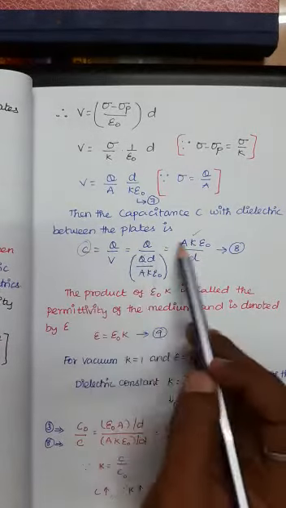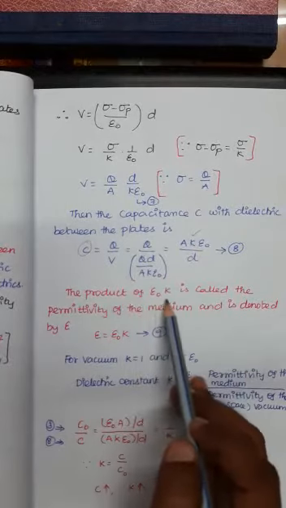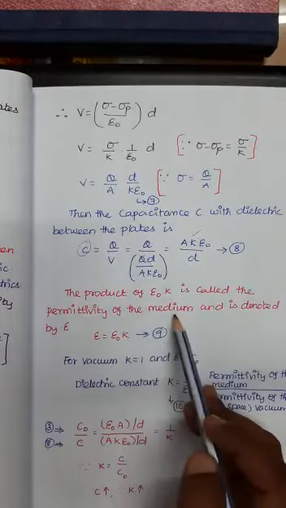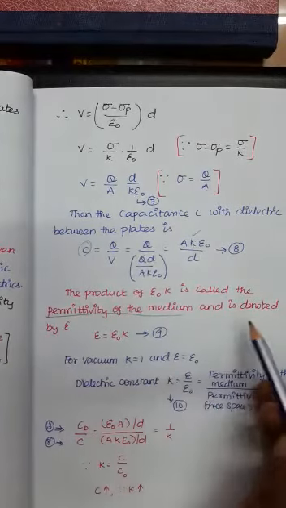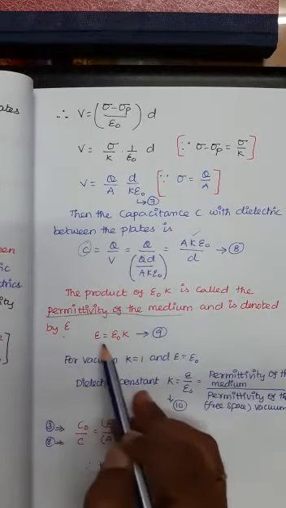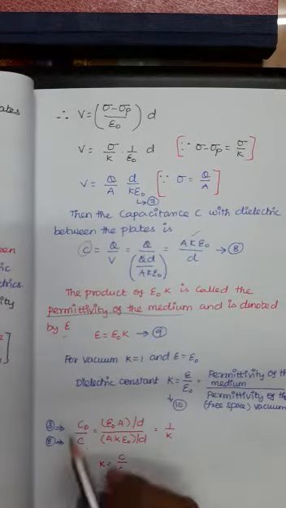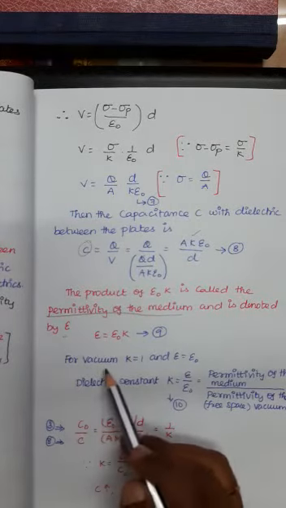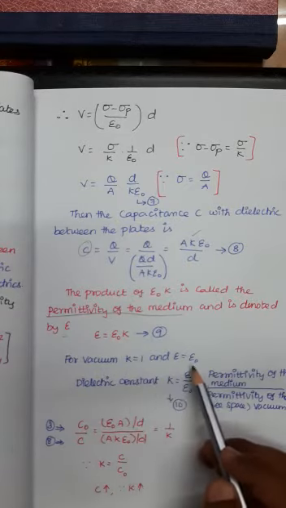Here C is directly proportional to K. The product of epsilon naught into K is called the permittivity of the medium, and it is denoted as epsilon. So I can write epsilon is equal to epsilon naught into K.